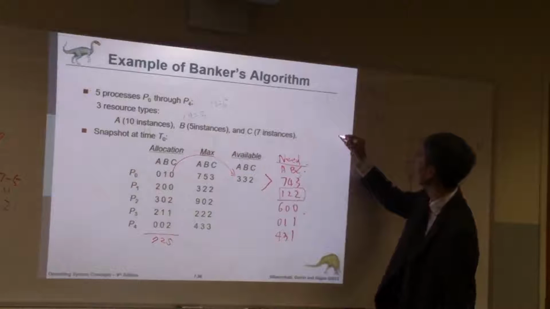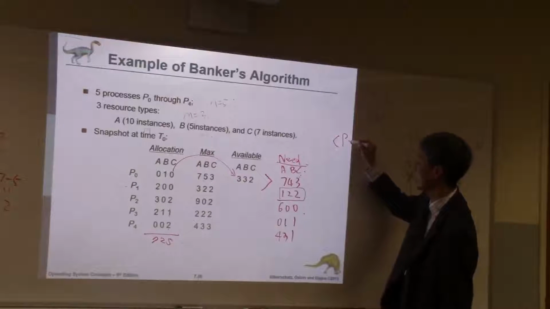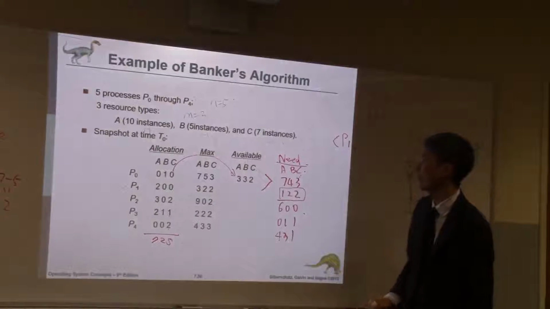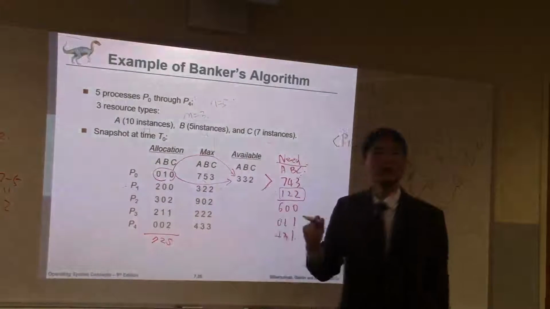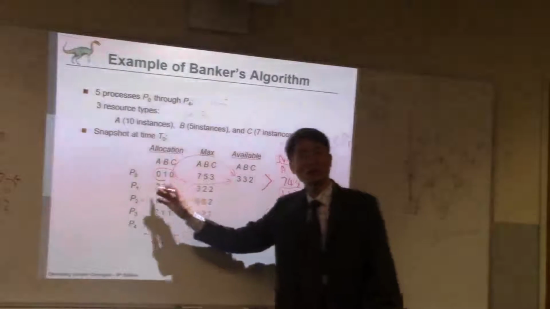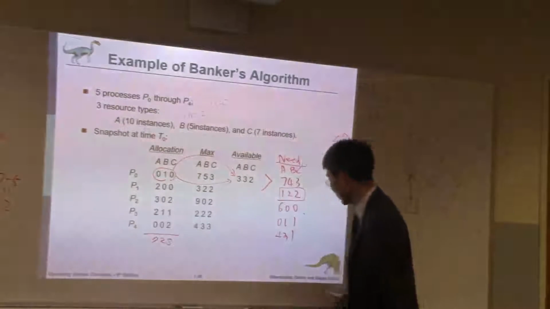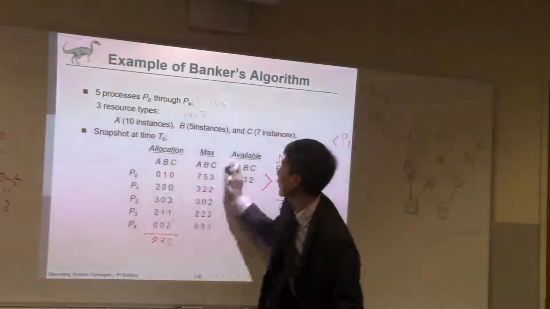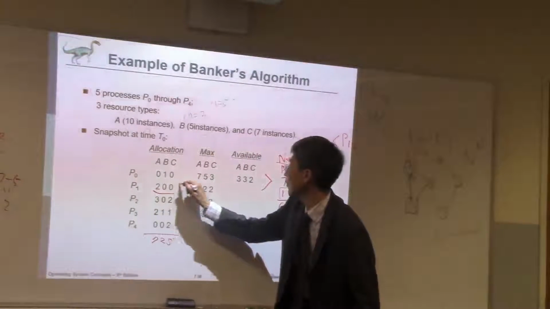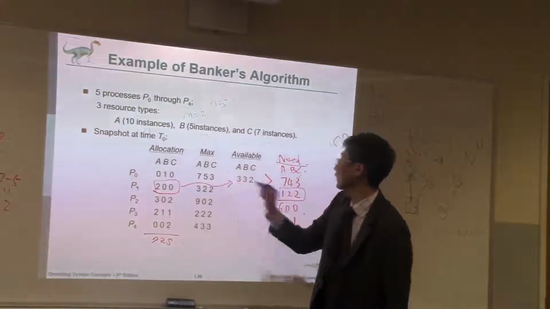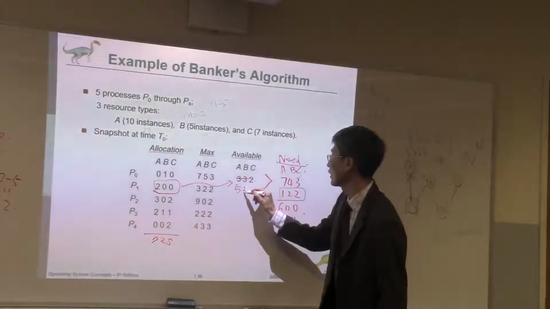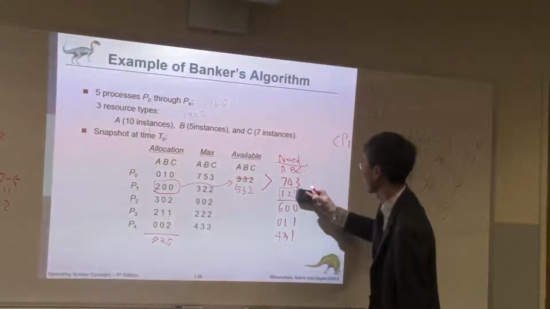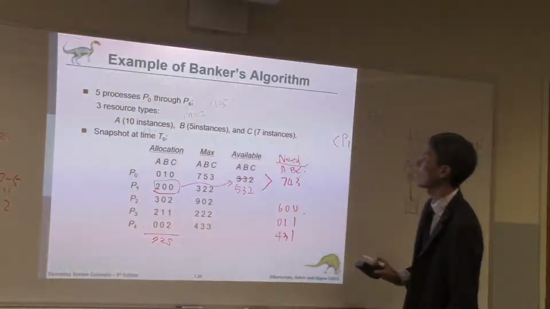So 1, 2, 2 will be needed. So process 1 will be terminated first. Then add this resource to the available, because this is currently held by P1, the first process. That will be 5, 3, 2. P1 is done. 5, 3, 2.